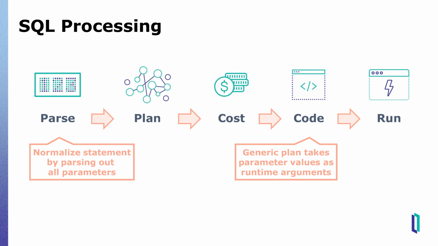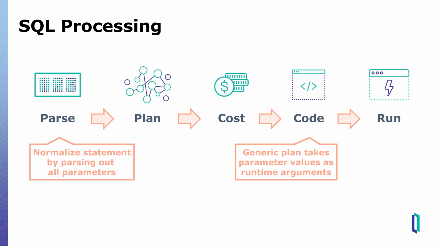So that's the default plan. And what we're doing to make this reusable, because this is complicated, especially the planning and costing stages, which are very computationally costly, is that in the parse step, we'll take all of the runtime things out of the statement. So if you're doing a SELECT * FROM transactions WHERE ID = 123, that 123 isn't going to make a difference for the plan.